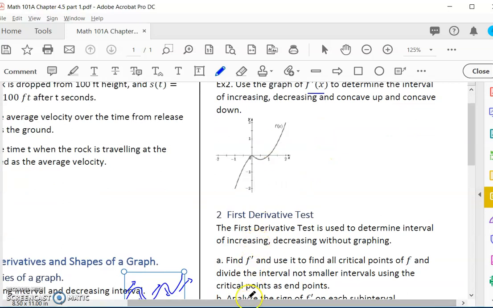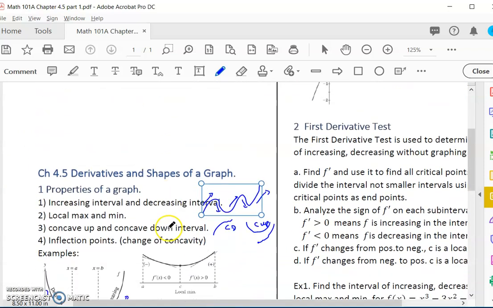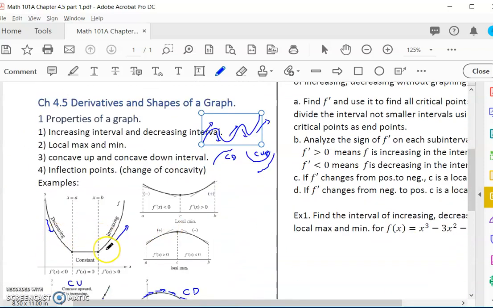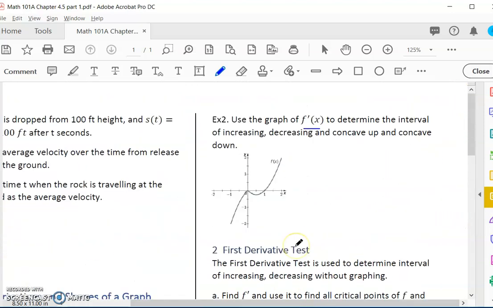If we look at the original graph, when is it increasing? Increasing must mean the derivative is positive. The slope is positive, right? So if this is the derivative already, when is f prime positive? Everything that is above the axis, f prime is positive.